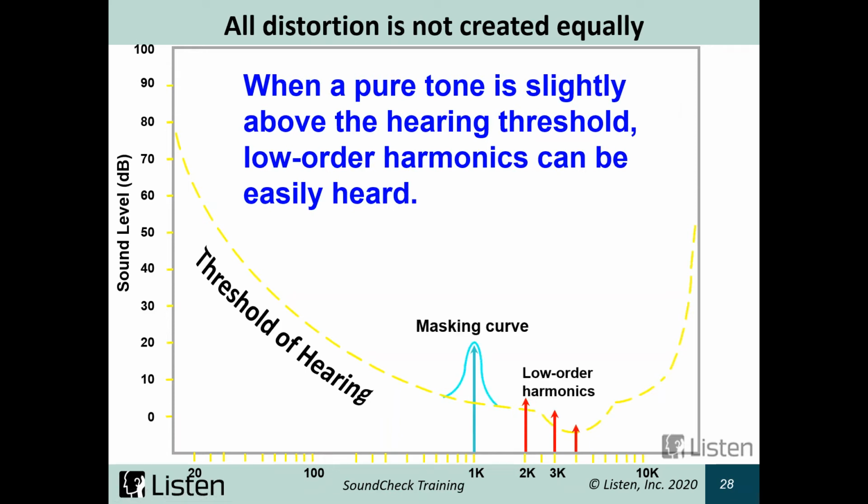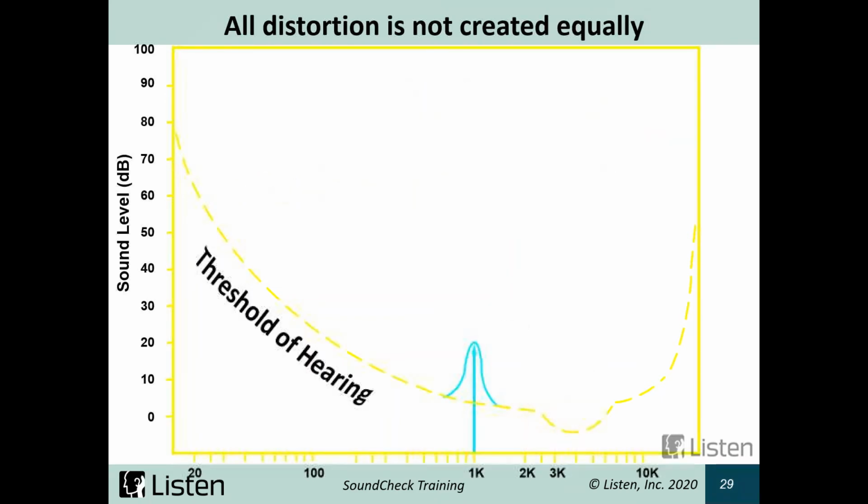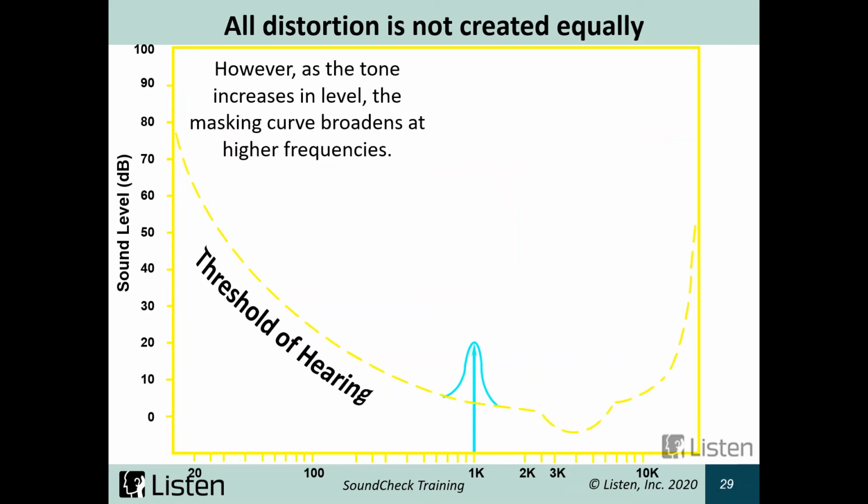So if at 1K we were outputting 20 dB SPL, we could hear harmonics 2, 3, and 4 pretty easily. But as we increase the tone's level, then the masking curve is going to broaden at higher frequencies.